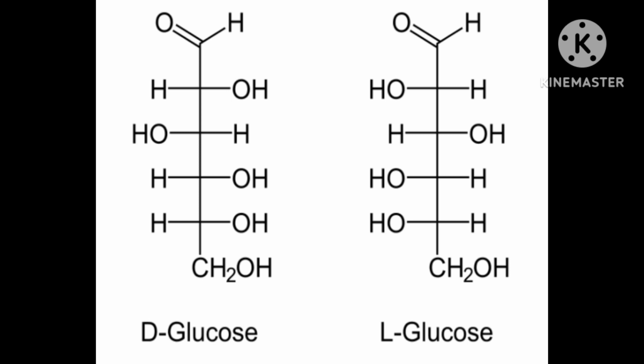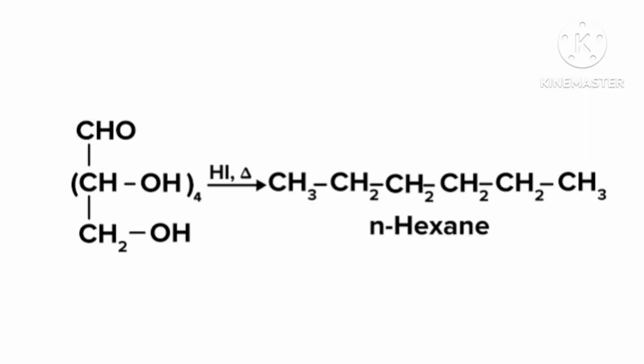When it reacts with HI and you heat it, it will give normal hexane. Means glucose on heating with HI gives normal hexane: CH3, CH2, CH2, CH2, CH2, CH3.